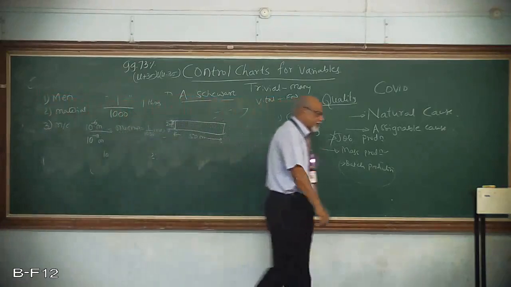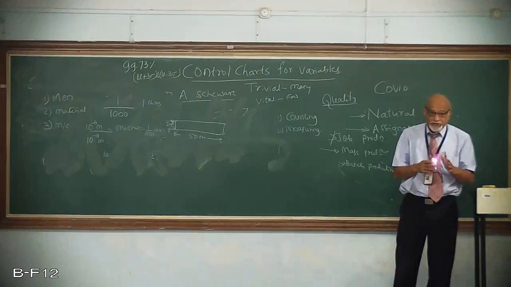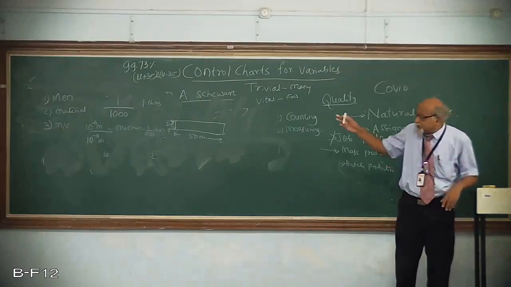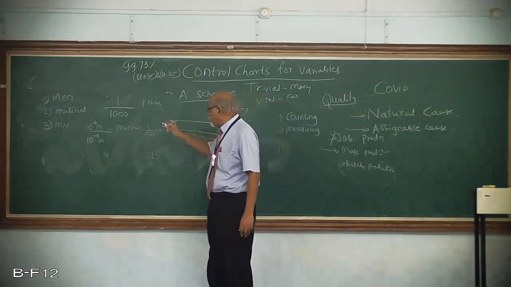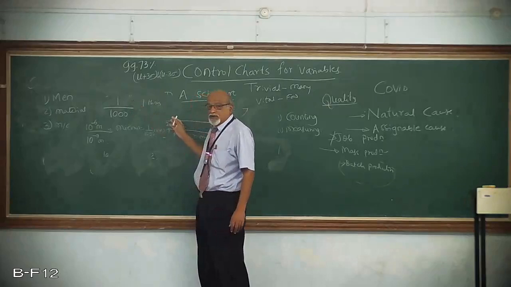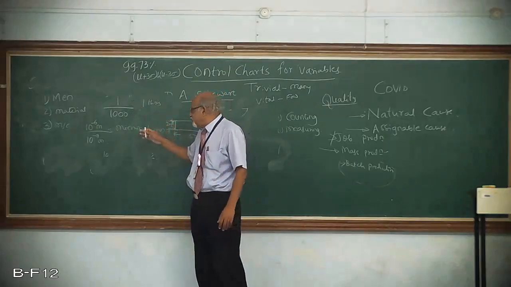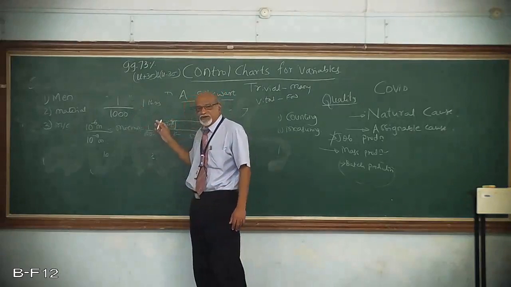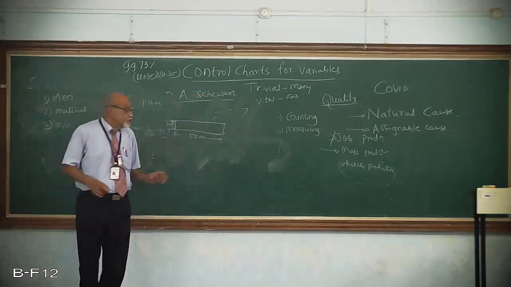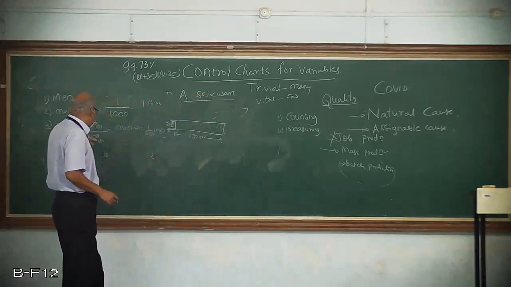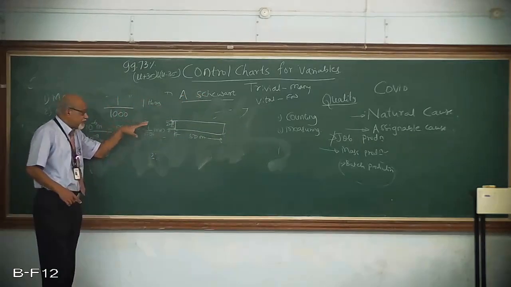That means I have the capacity to measure that, and I might have the machine to produce items like this. So try to think about it. If I go by the thousandth of an inch, then you don't find any difference; almost it is 20 mm only. But if you apply microns, some variation like 0.29 mm, then it will be found. And if you use nanometers, then it will be more significant, more magnified.